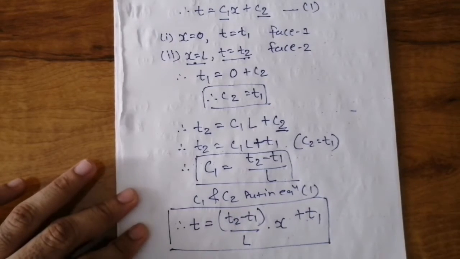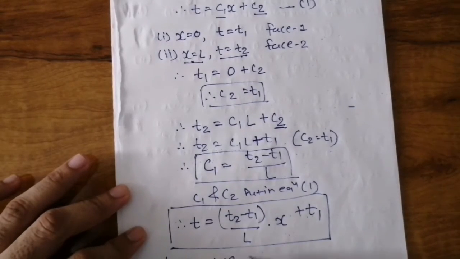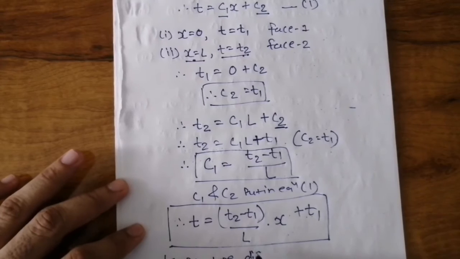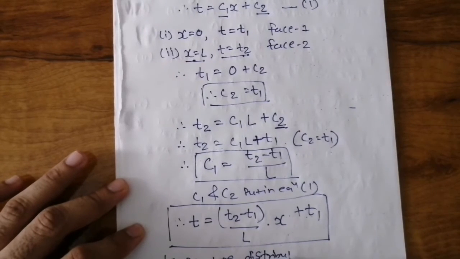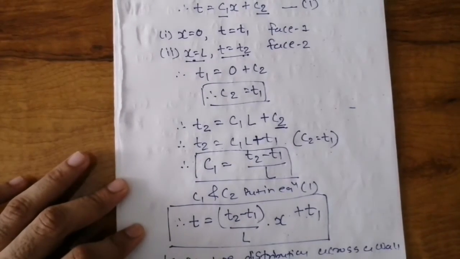That equation indicates that the temperature distribution across the wall is linear. Just consider it linear.